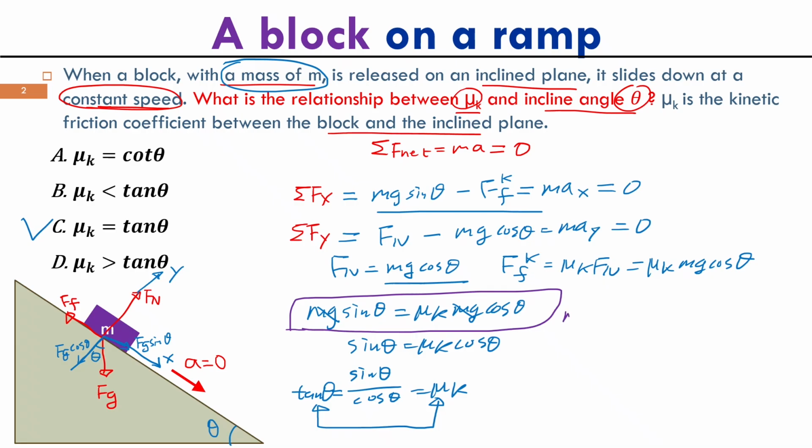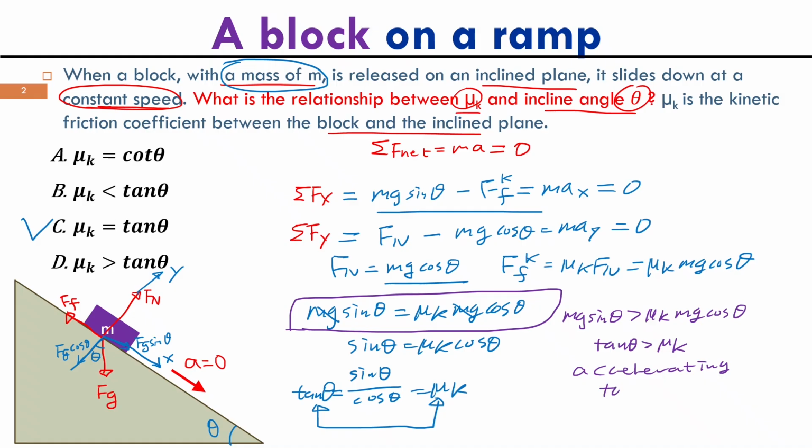If we have mg sine theta larger than mu k mg cosine theta, and we simplify this, we get tangent theta larger than mu k. In this case, because the force pulling down is larger than the opposing force, the block is going to accelerate, right? So when tangent theta is larger than mu k, it's going to accelerate downward.